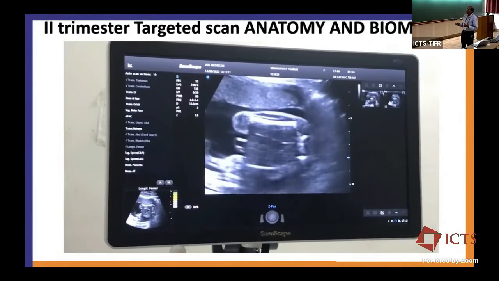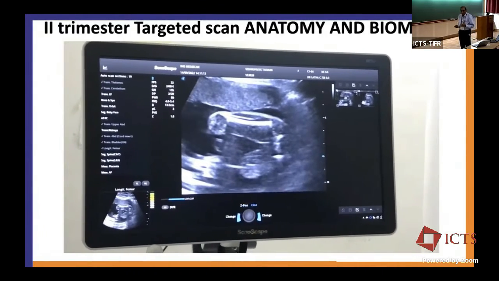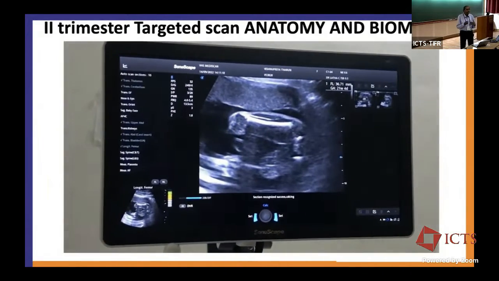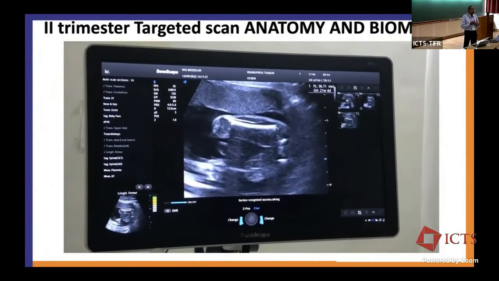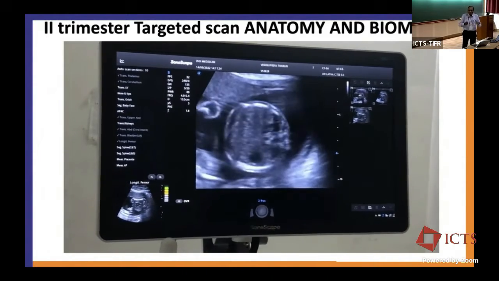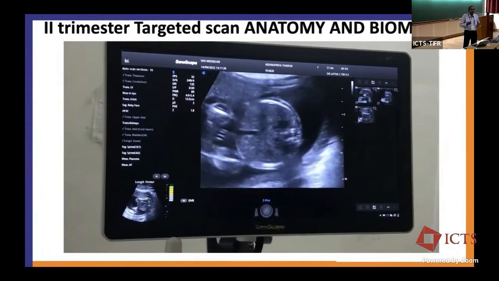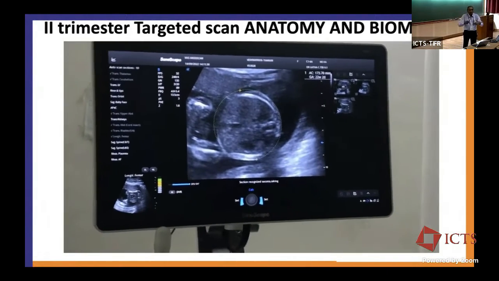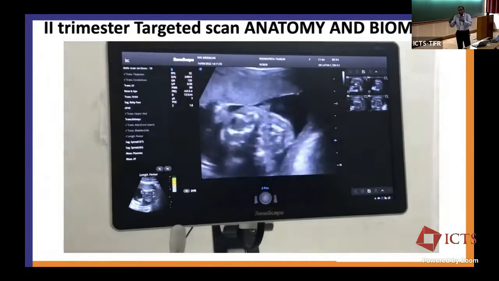And by doing this, what we found was the time taken to do the scan has reduced tremendously. And a junior operator cannot make a mistake because if the image is not frozen, he has not taken the correct section. Now, at the end of it, after 10 minutes, he says, come on, let me take over.